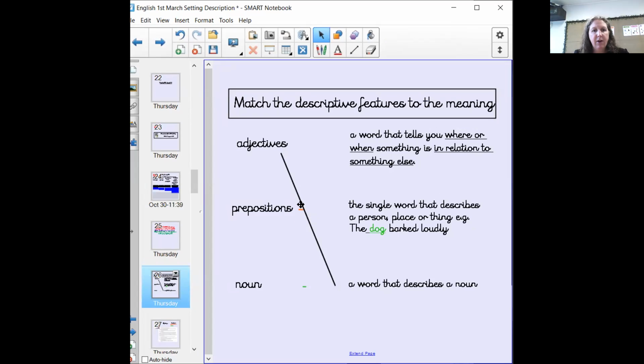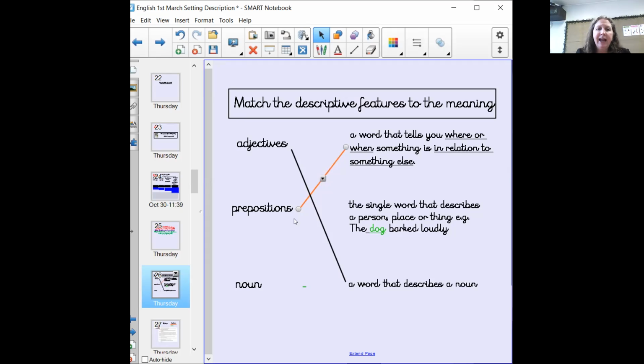There we go. Our preposition is a word that tells you where or when something is in relation to something else. So, for example, in, on, under, next to, behind, front of. Okay, they are the words that tell us where something is in relation to something else.